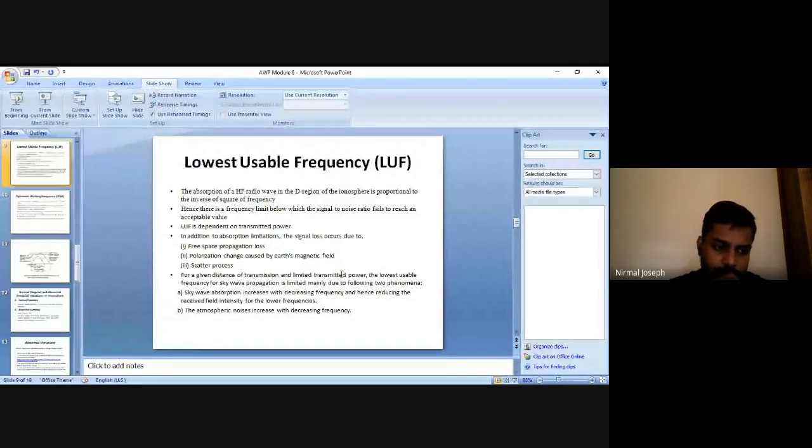The lowest usable frequency is limited by the absorption in the D layer. So what will happen to this D layer during night? Okay, nobody is answering.